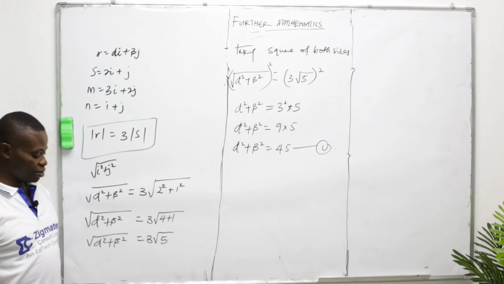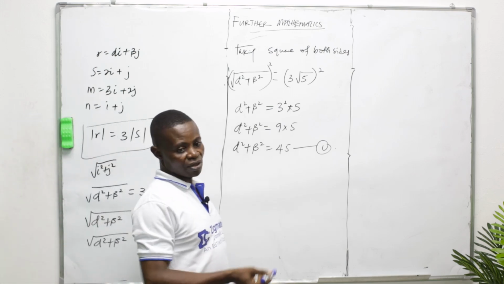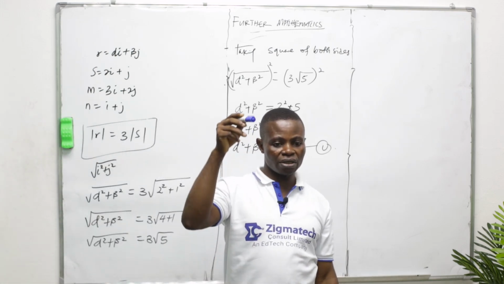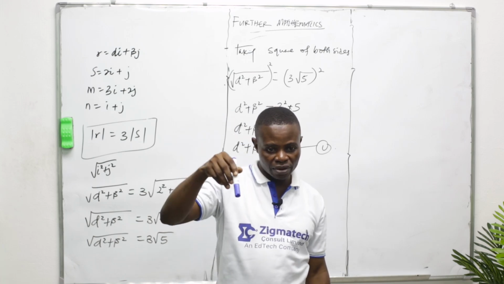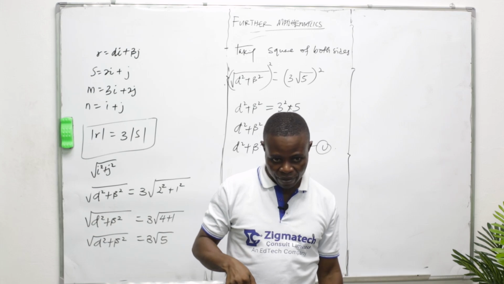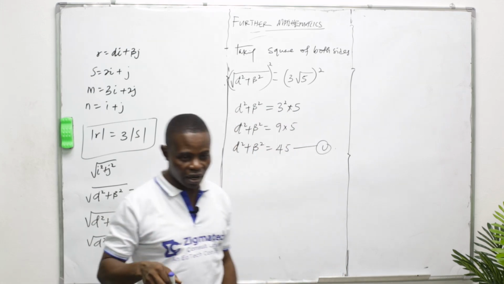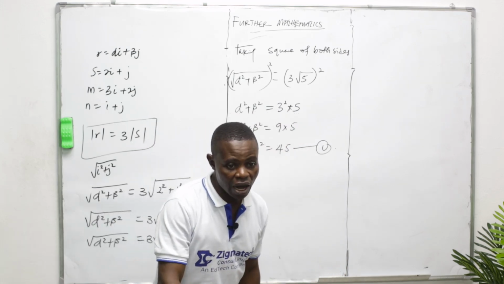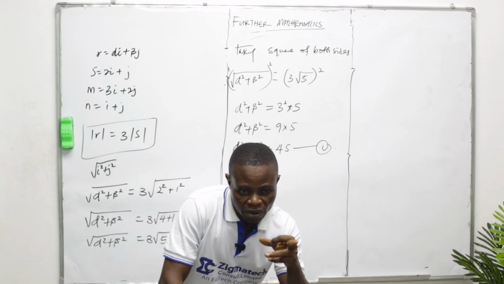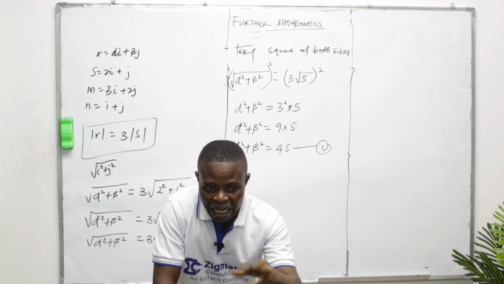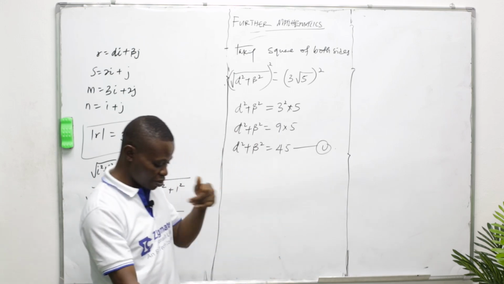We have to think again. There is another instruction given to us. We are told that R is parallel to the vector M minus N. R has magnitude 3 times that of S and is parallel to this.